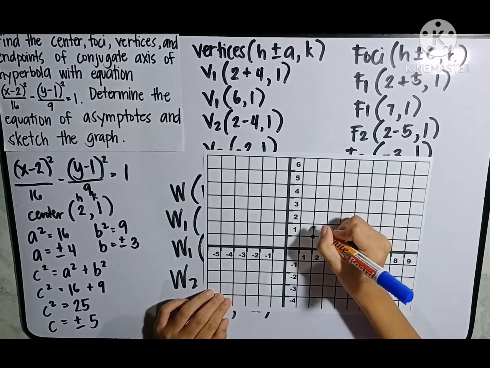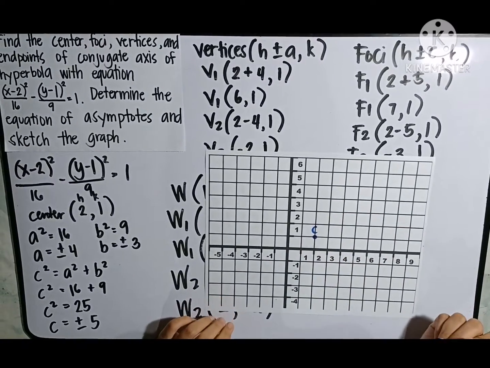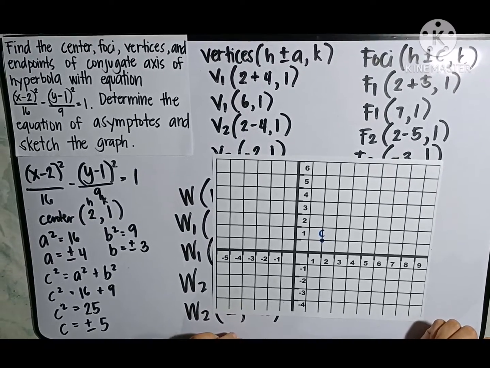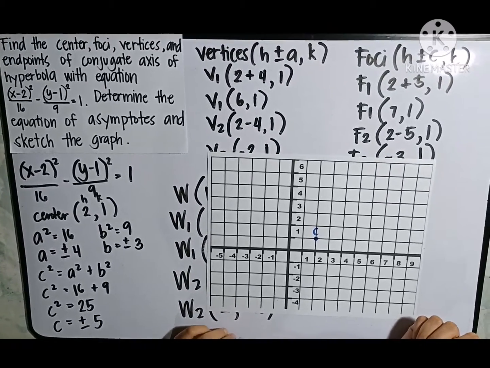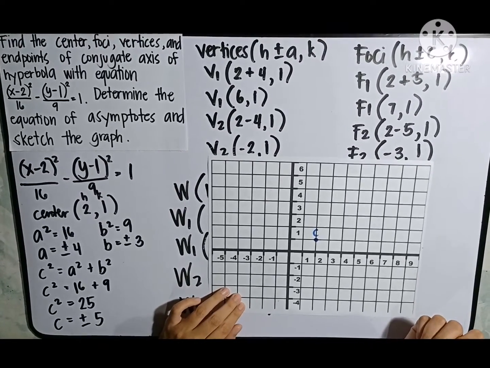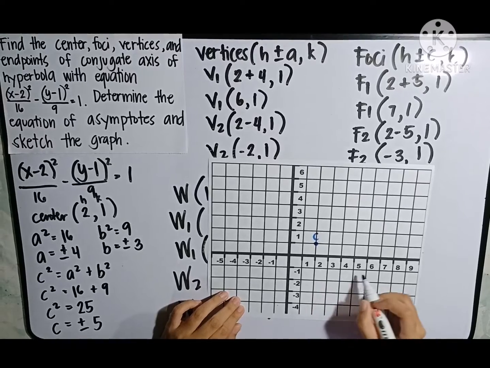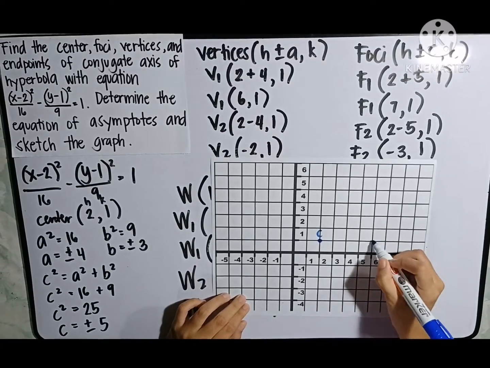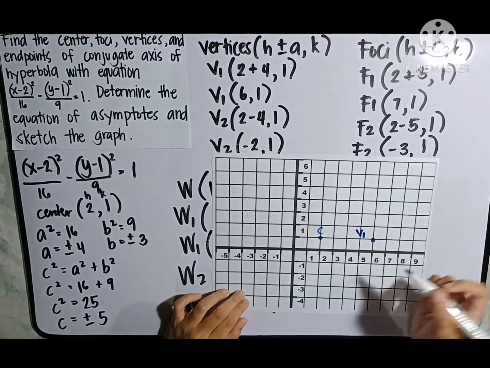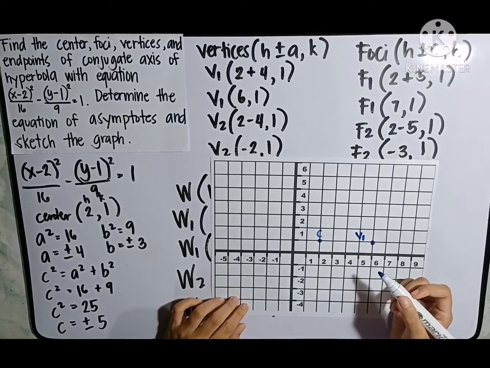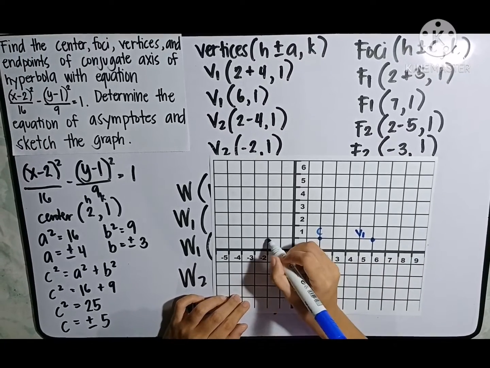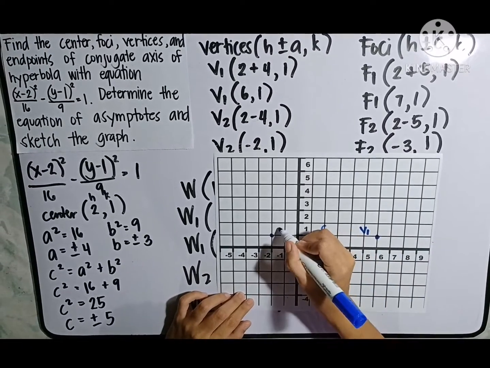This is our center. And from that, we can now put our vertices. The first vertex is at 6, 1, and the second is at negative 2, 1.